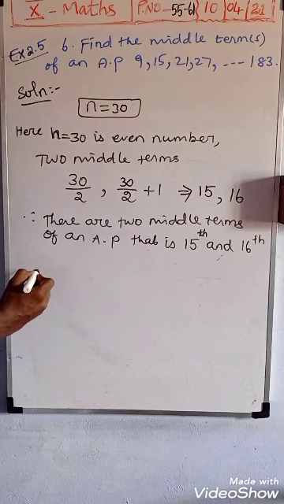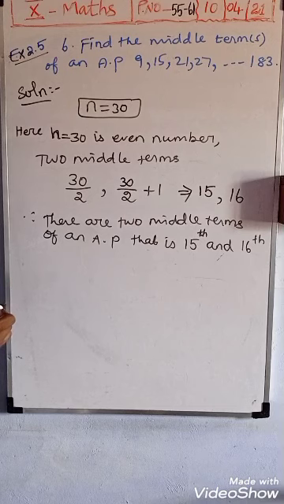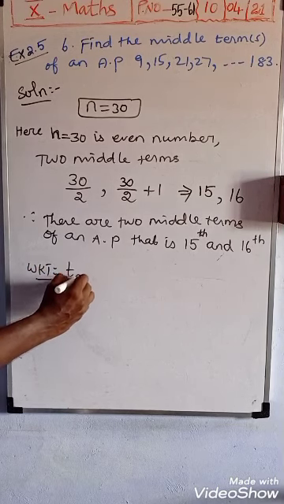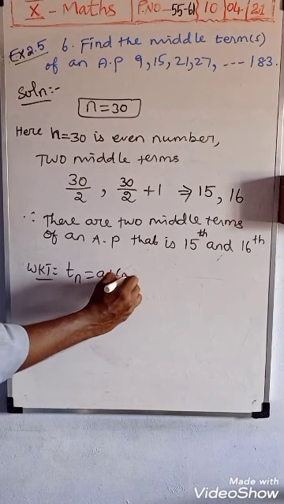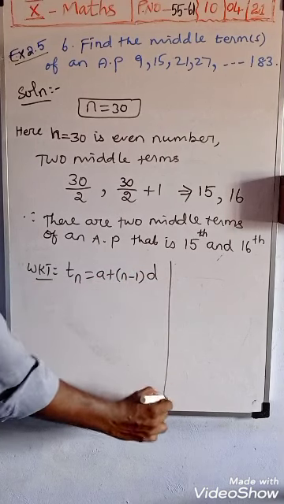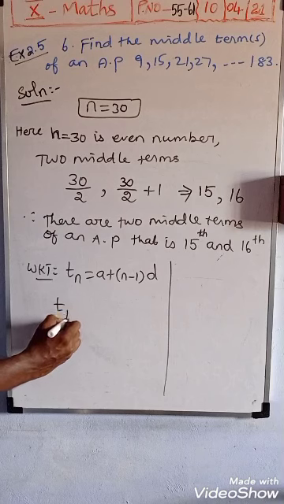Now we know the formula Tn is equal to a plus n minus 1 into d. So first substitute T15.